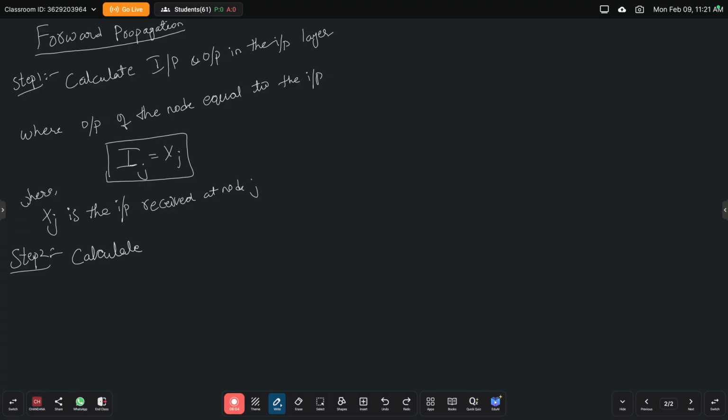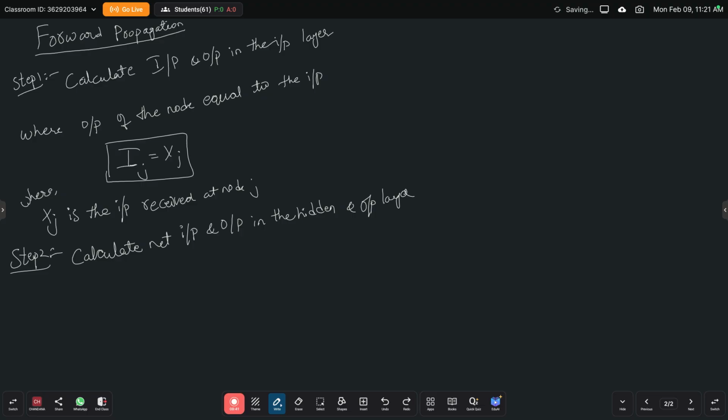Here we have three layers. First one is the input layer, second one is the hidden layer, third one is the output layer. First, we calculated the input and output in the input layer. In the second step, calculate the net input and output in the hidden layer and output layer.